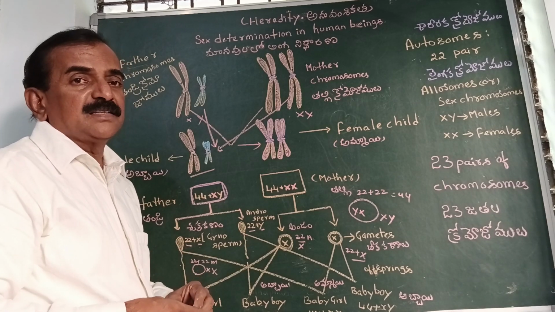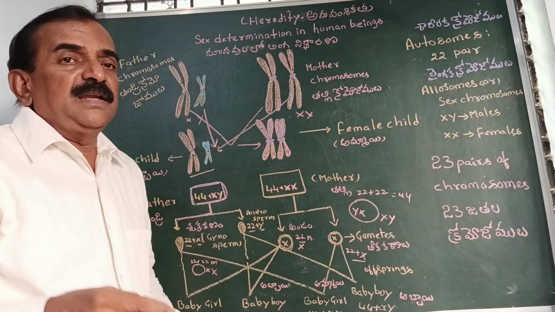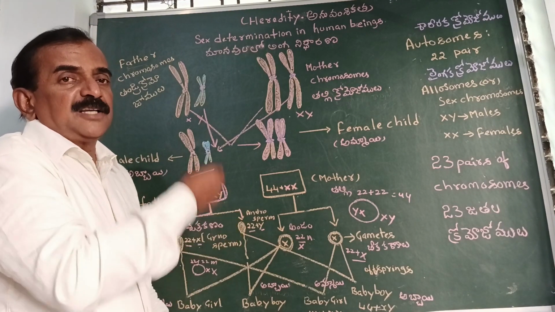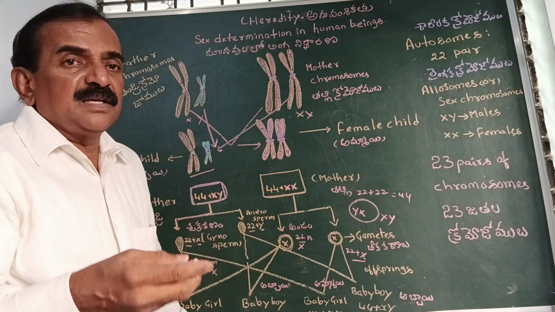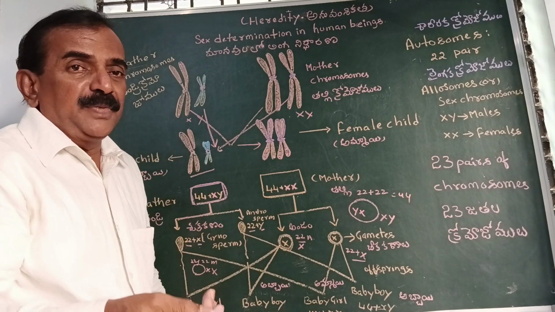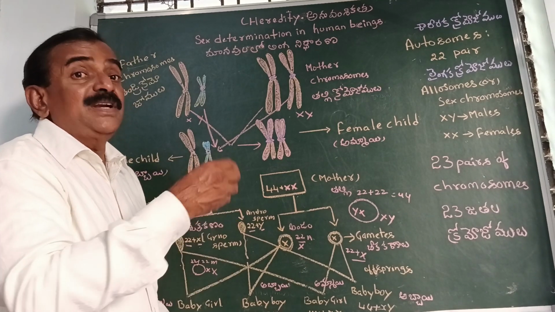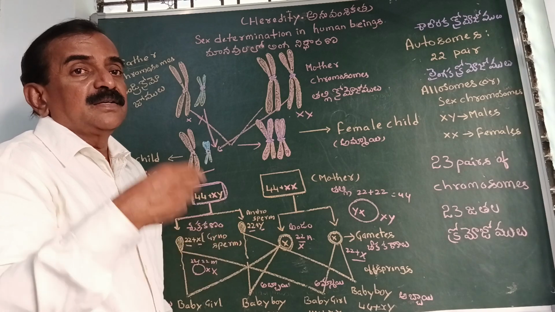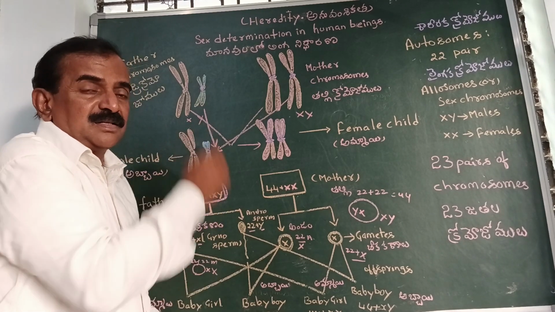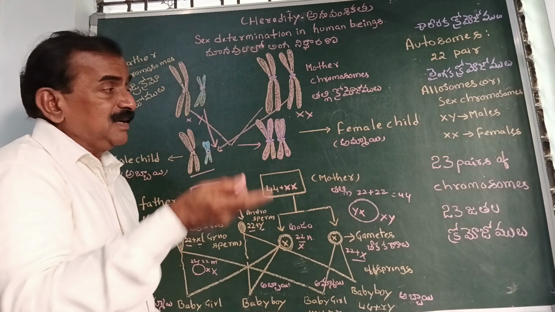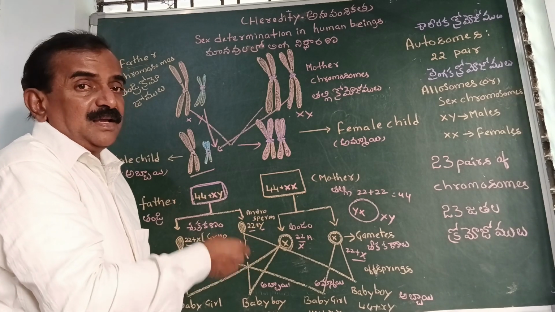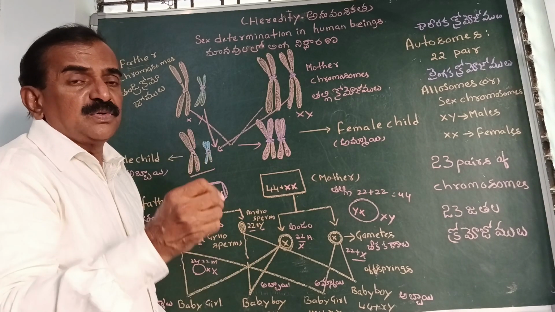In the examination you may get a question like this: describe or explain sex determination in human beings with the help of a flow chart, or who determines the sex of a baby in human beings? Questions like these are asked in the annual examination. You need to read this topic once, twice or thrice, then you will learn how to draw the flow chart, and finally you will get a good score, more marks.